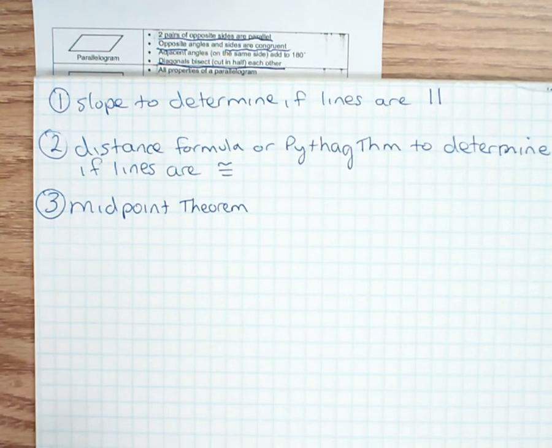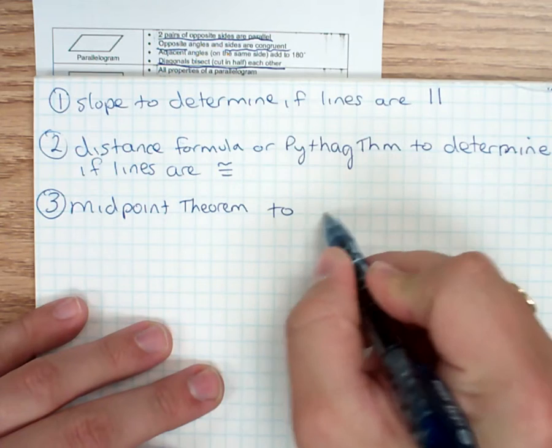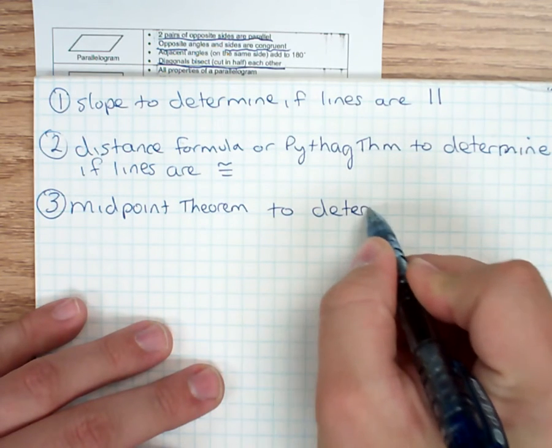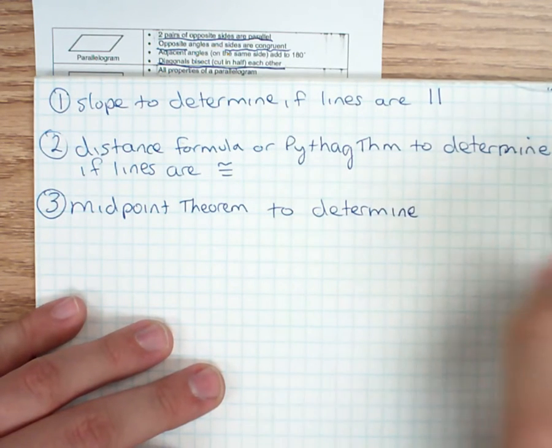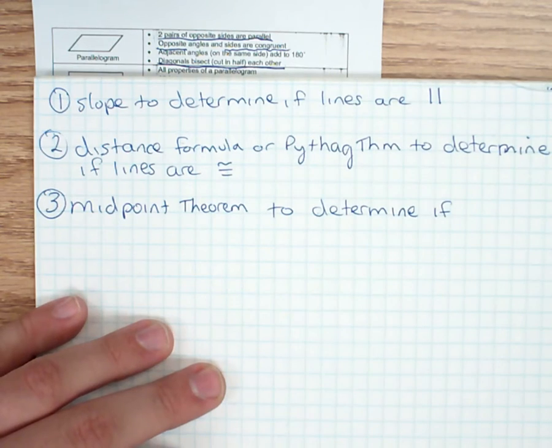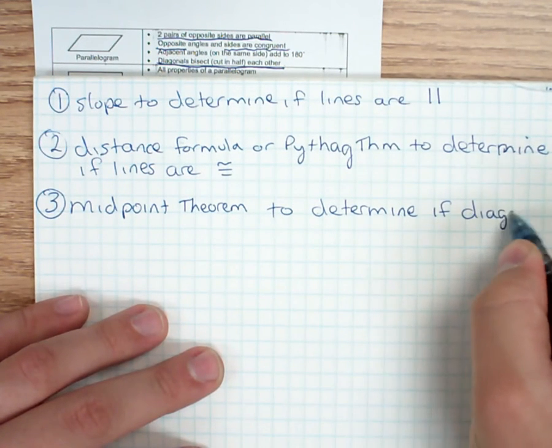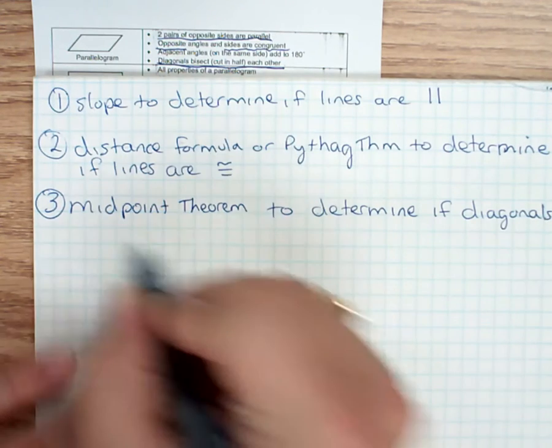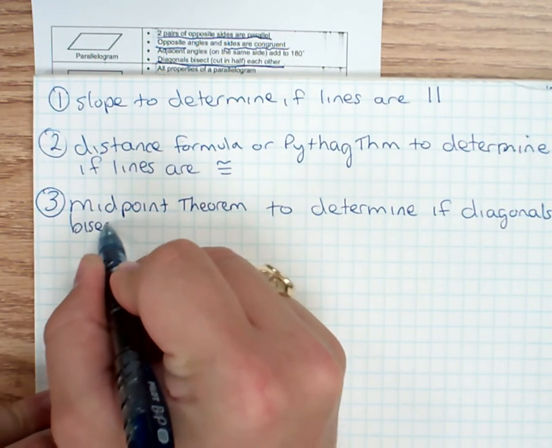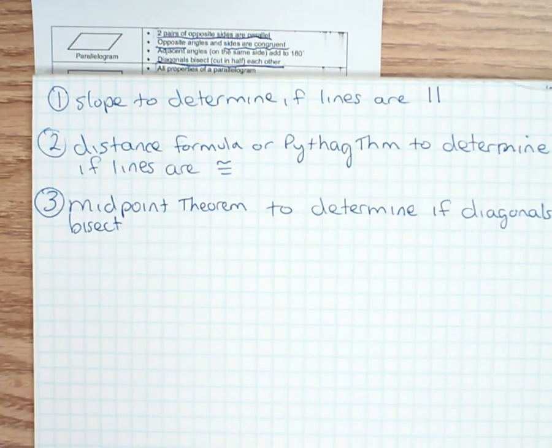Because if two lines have the same middle point and they intersect on that, that would mean they cut each other in half at the same point. Okay?